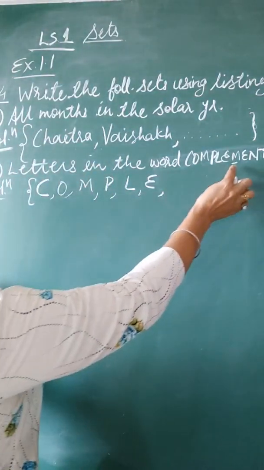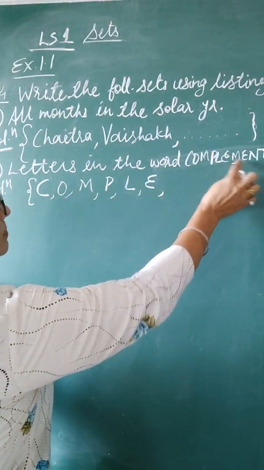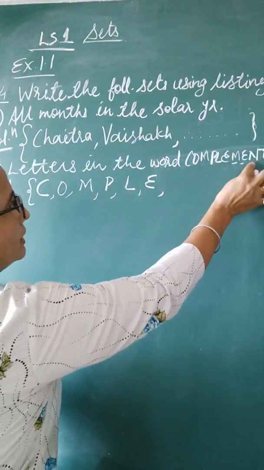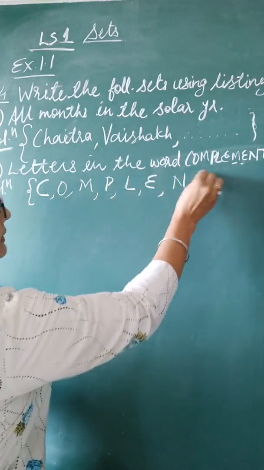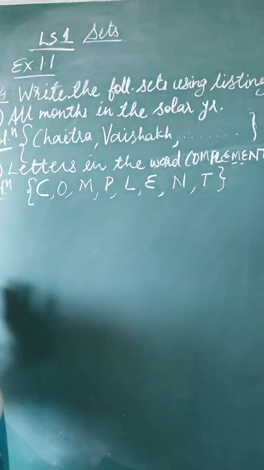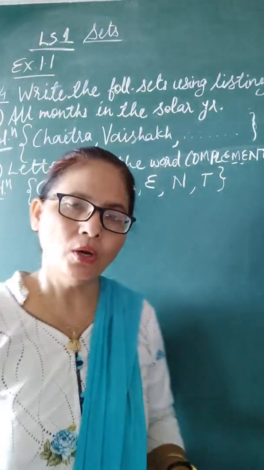So this M will not be there, E is also repeating, so we will not write E also. Then N is not repeated, let's write N, and then T. In this way you can complete question number 4.